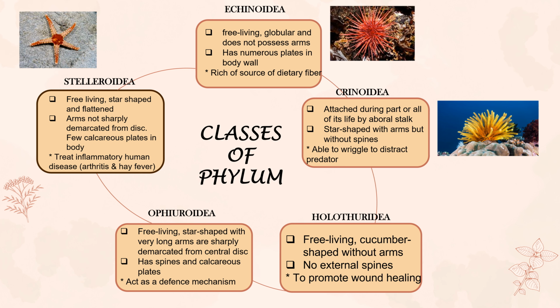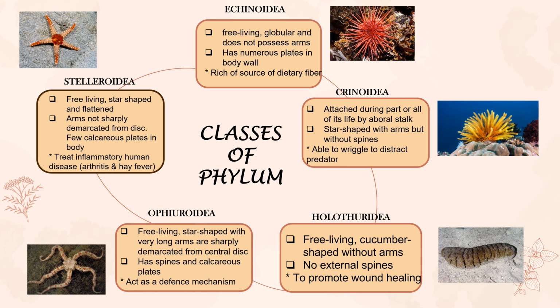They are able to wriggle to distract predators. Holothuroidea, which means sea cucumber, are free-living, cucumber-shaped, without arms and with no external spines. One of the uses of sea cucumber is that it can promote wound healing.